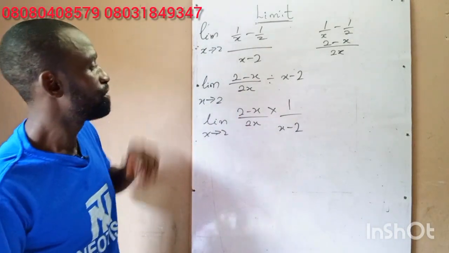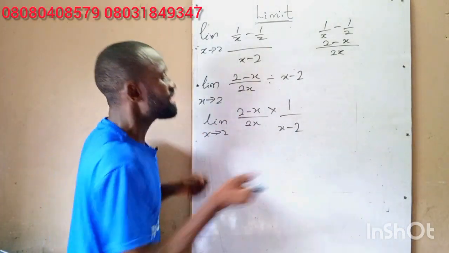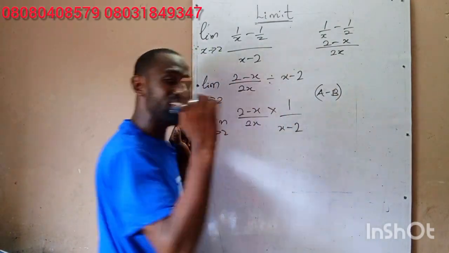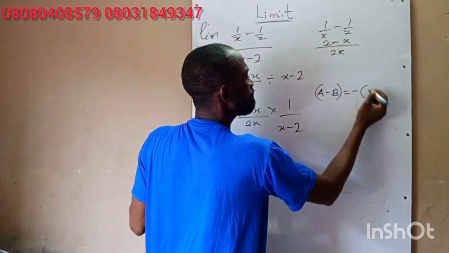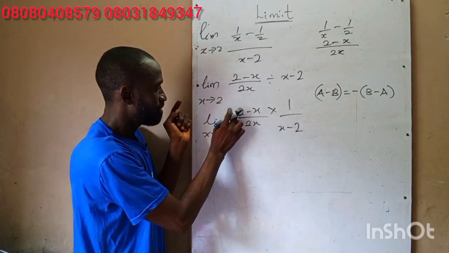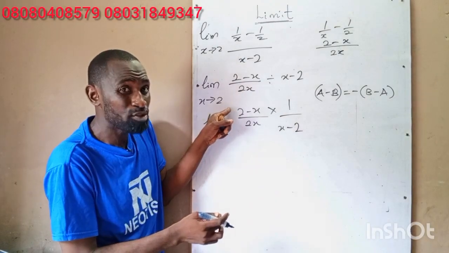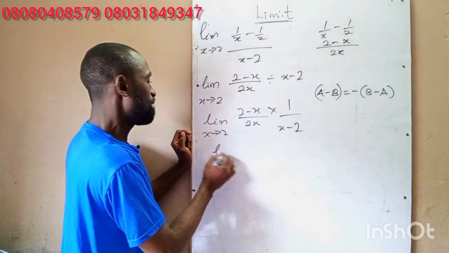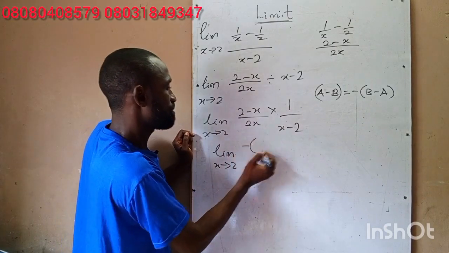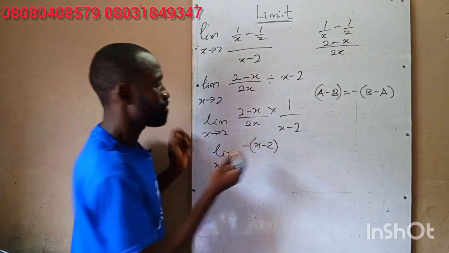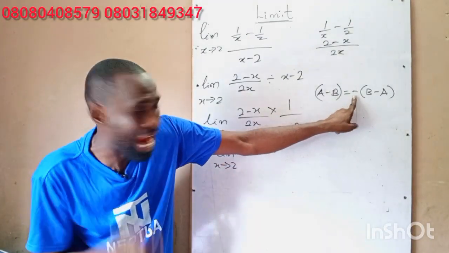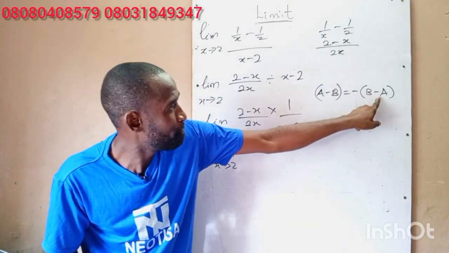Look at this very well. You see that I said a minus b is the same as minus b minus a. So I will now change this one here. Are you with me? I will change this one here to minus. So I'm having the lim as s approaches 2 of minus s minus 2. Look at this. a minus b equals minus b minus a.